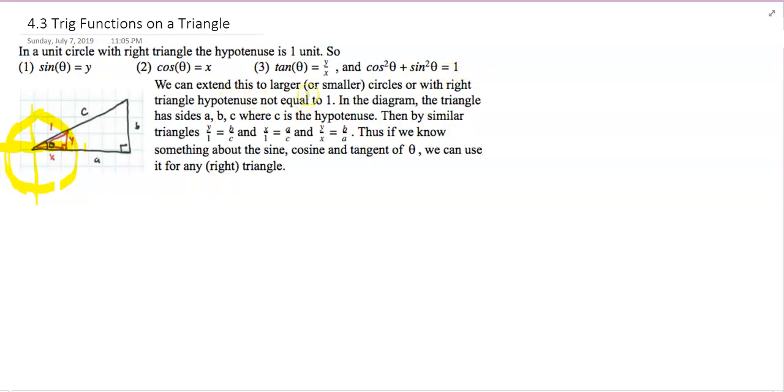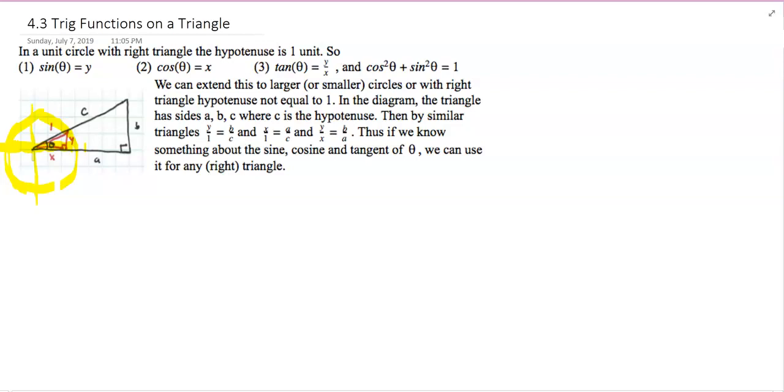We can extend this to larger or smaller circles with right triangle hypotenuse not equal to 1. For example, in this case, we have this black triangle, which was a form of a large circle with hypotenuse c, and that's not the same as the red triangle with a hypotenuse of 1.